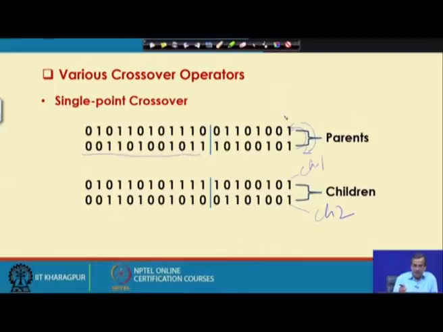By following either method you will get the same solution, but traditionally whatever bits are lying on the left hand side are kept constant, and whatever is lying on the right hand side we swap. This is the principle we follow for single point crossover, to get two children solutions from two parents.